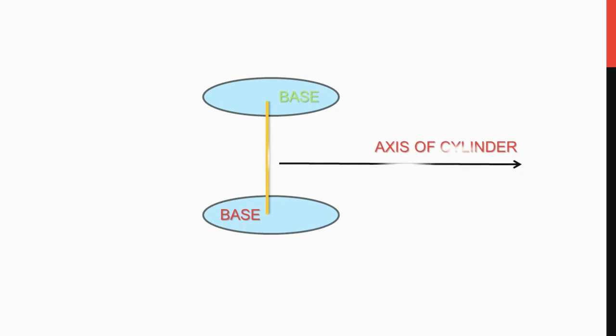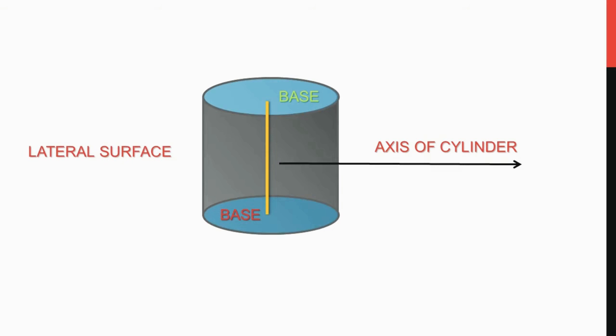A right circular cylinder is a three-dimensional shape with two congruent circular bases at the ends which are parallel to each other. The line segment joining the centers of the two circular bases, and perpendicular to the bases of the right circular cylinder, is called the axis of the cylinder. The curved surface between the two circular bases is called the lateral surface.